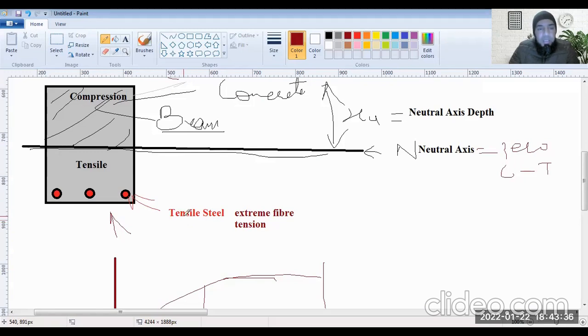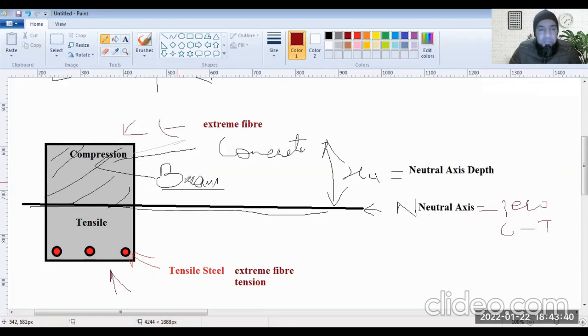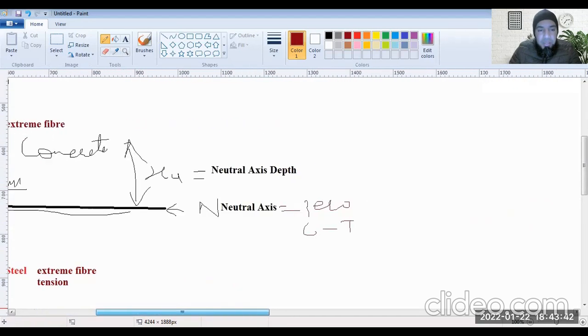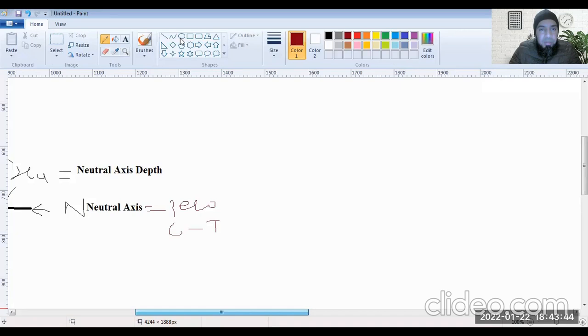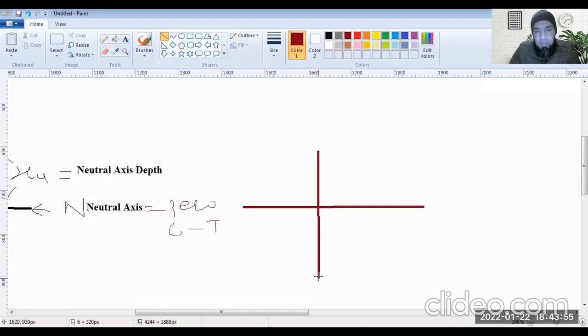Now, whenever there will be flexural forces acting onto this beam, the stress strain profile would be somewhat like this. If this is the neutral axis now, this is your stress profile. If I first make the stress envelope for this beam, where will the maximum stress develop?